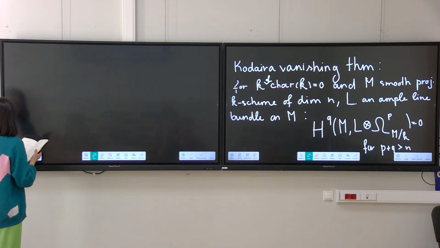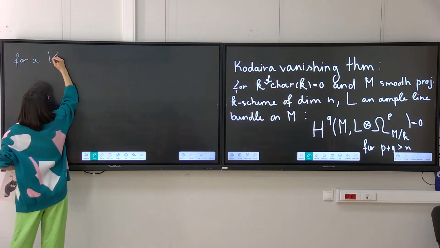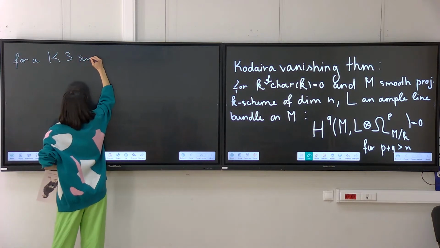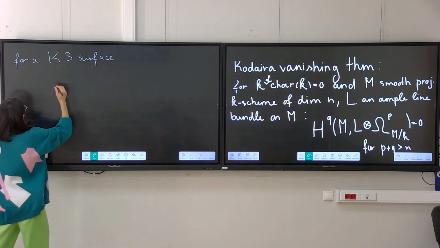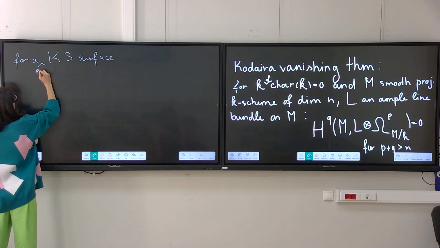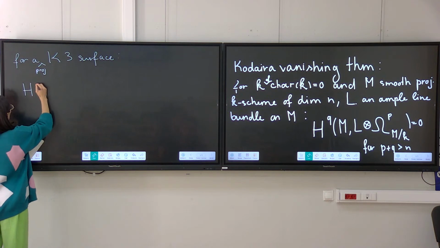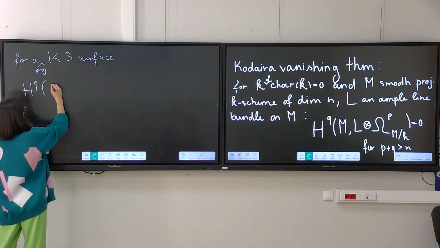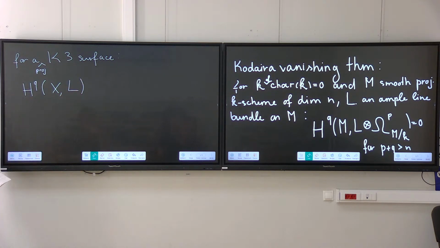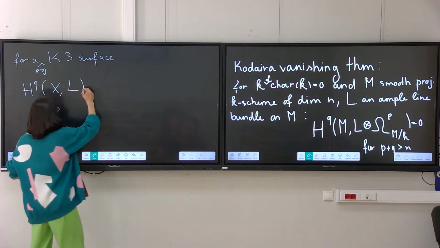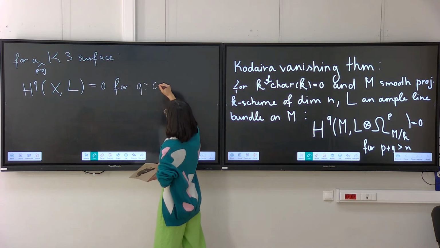And now for K3 surfaces, this tells you what for a projective one, because we also define the projective. This tells you what about the cohomologies of an ample line bundle: H^q is zero if q is greater than 0.